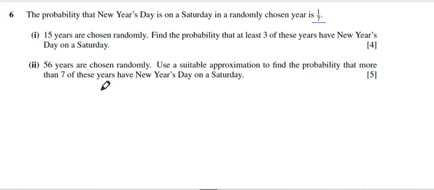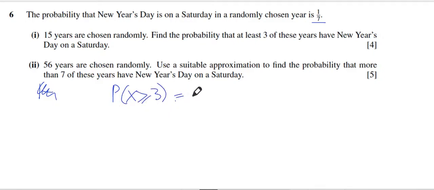To find this, if I can find the probability for 0, 1 and 2 and subtract that, the complement of the summation of 0, 1 and 2 will be at least 3 all the way to 15. So the question requires us to find at least 3 of these years, so the probability of x is greater than or equal to 3.